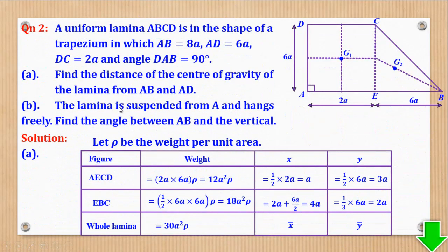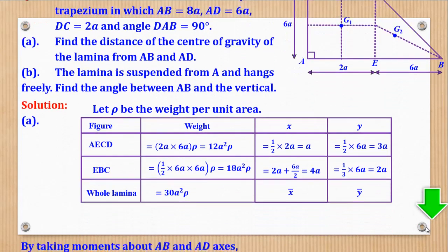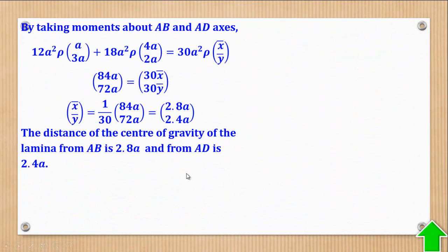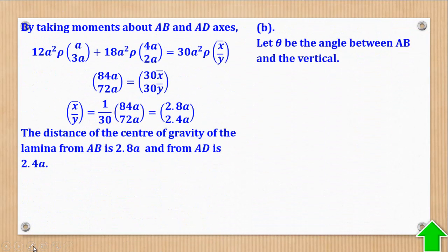Part B says the lamina is suspended from A and hangs freely. Find the angle between AB and the vertical. So we shall come and draw the two sides enclosing A. There is AB and there is also AD.